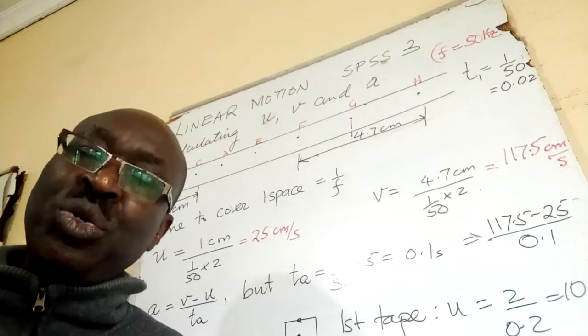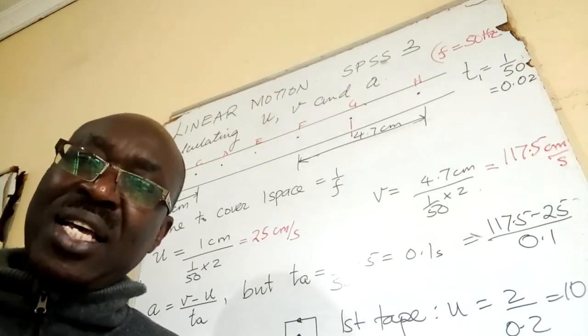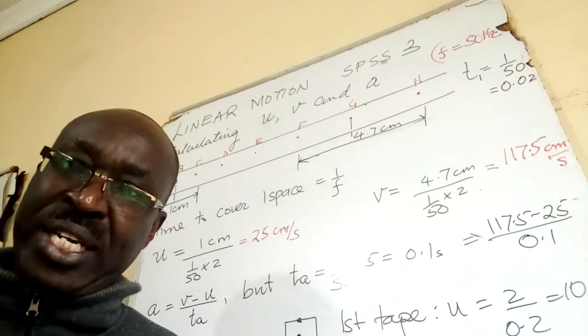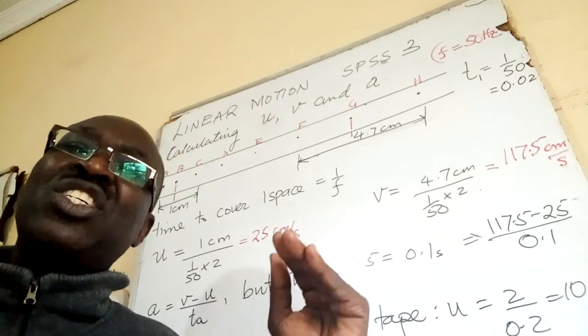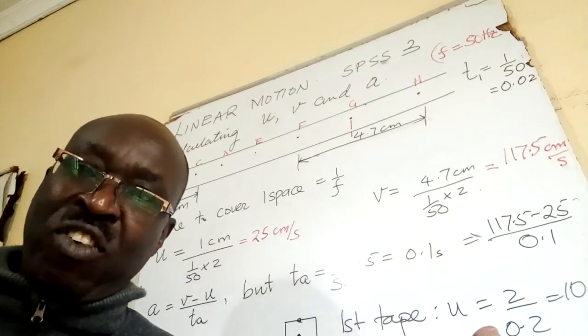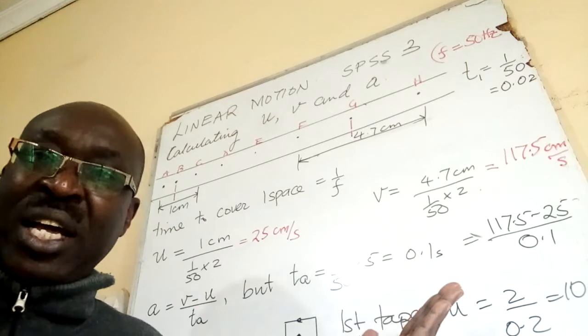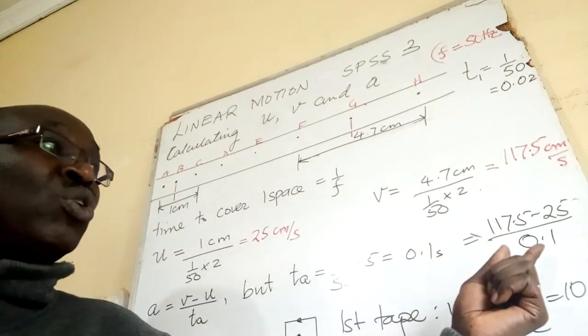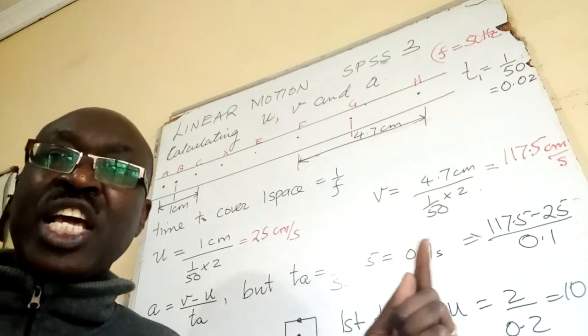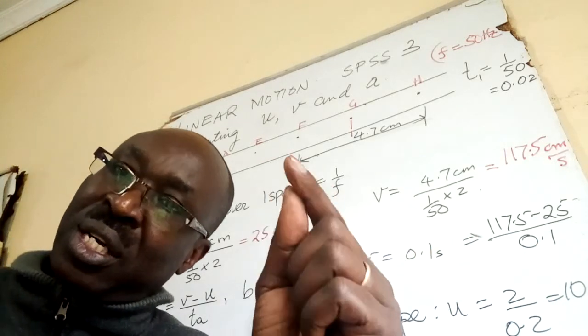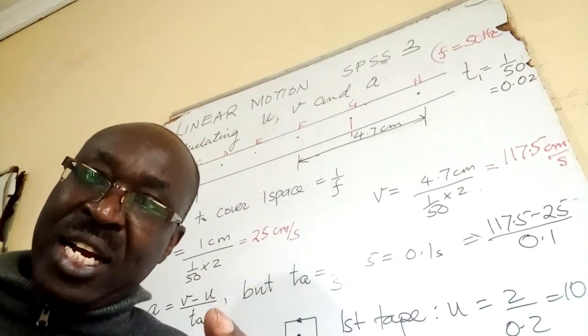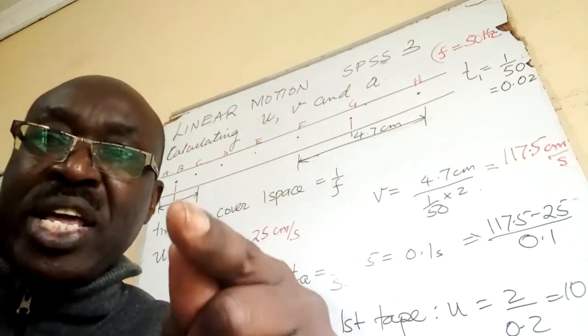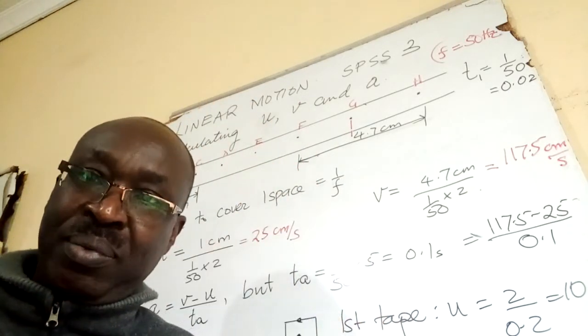If they ask you to give your answers in SI unit, you just change at this final level. Okay, you change at final level. So I want you to compute this in both centimeter per square second and then meter per square second.